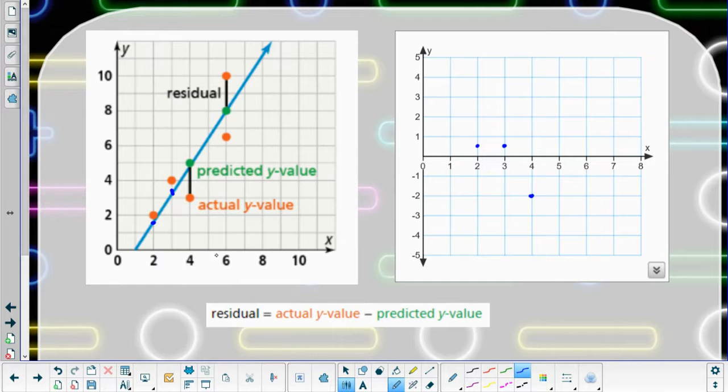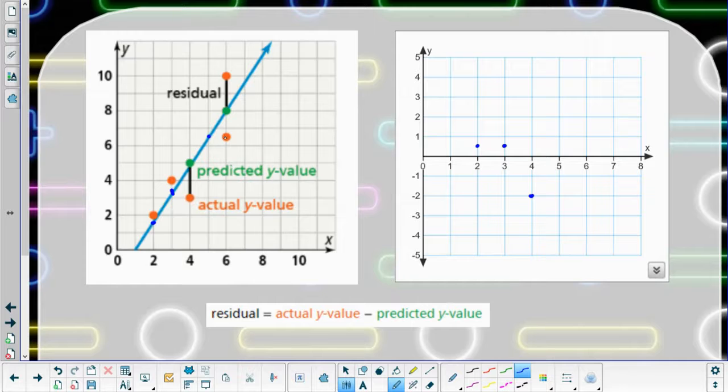Let's see if we can do the same thing for 5. When we get to 5, I'd say roughly, if we're estimating, it's about 6.5. But there are no points there, so we really can't do anything with that one. So we're going to go to when x equals 6. My actual for this one, I have 2 of them on this line, but I can do one at a time.